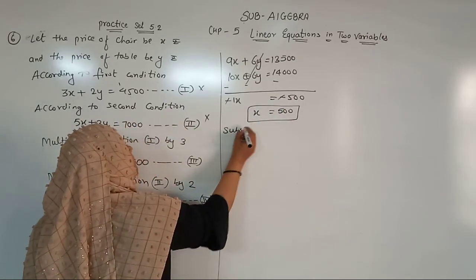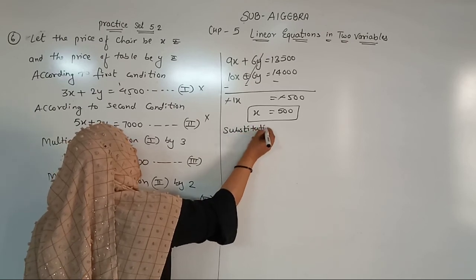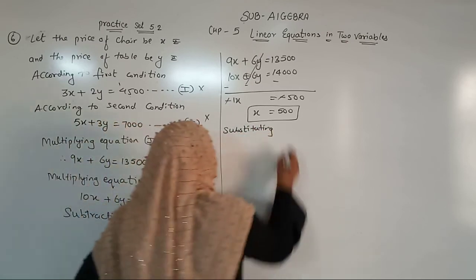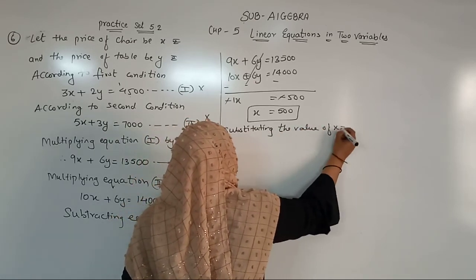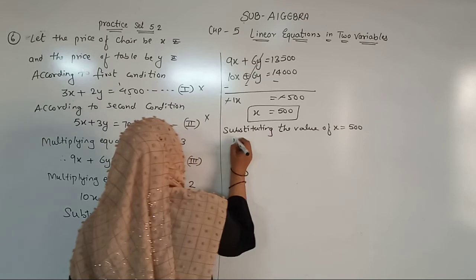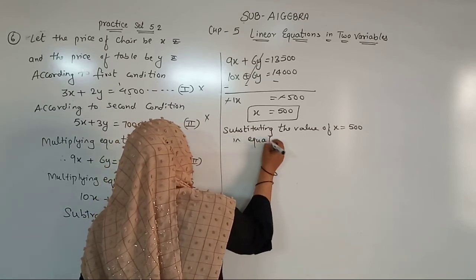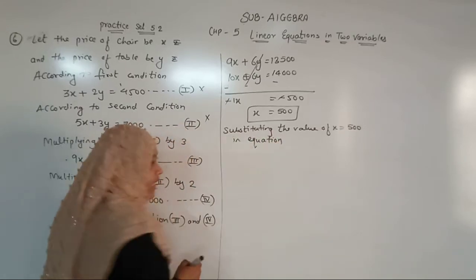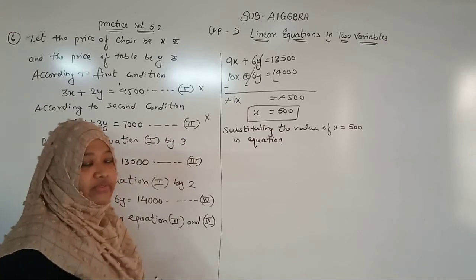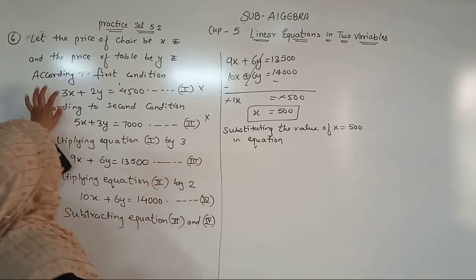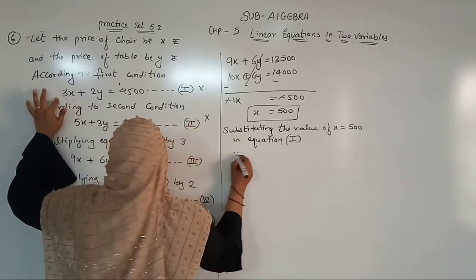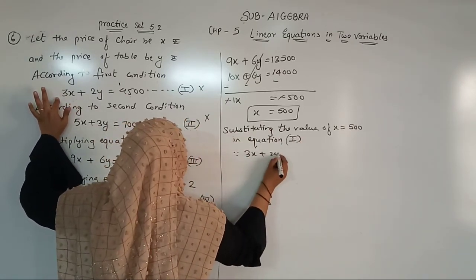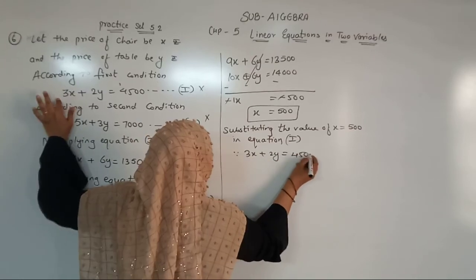Now when I get the value of x, I can get the value of y by substituting x equals 500. I have 4 equations now, right? So now we can put the value of x in any of the equations. I will put it in equation number 1. Okay, that's the easy one. So that is 3x plus 2y equals 4,500.